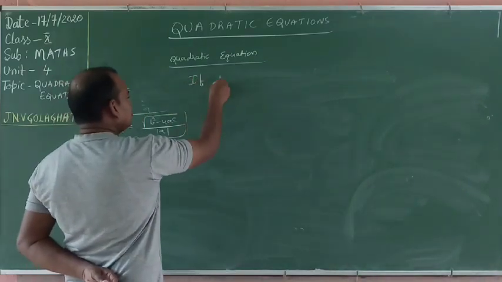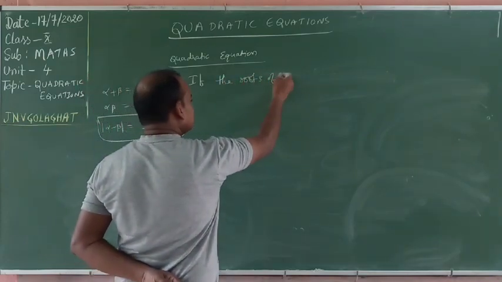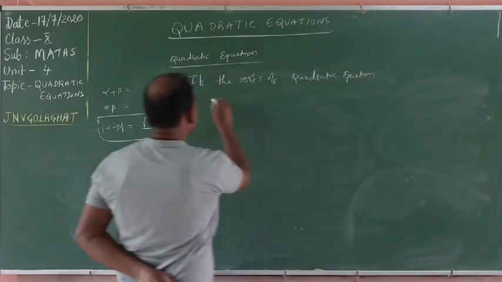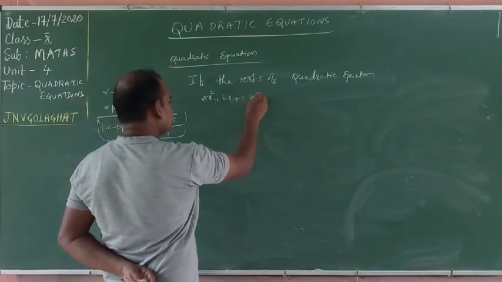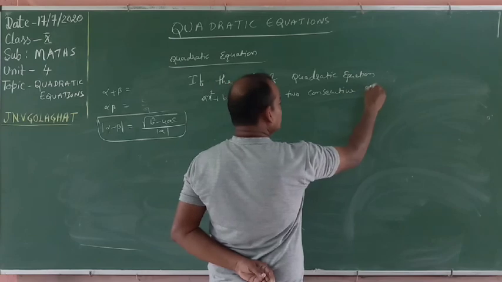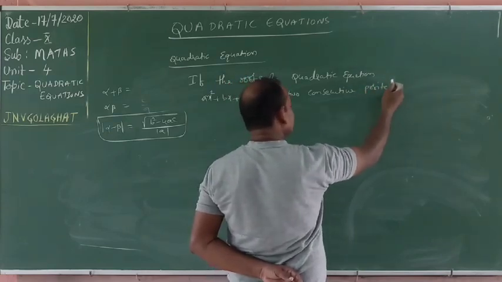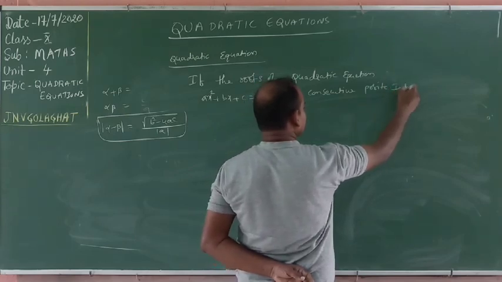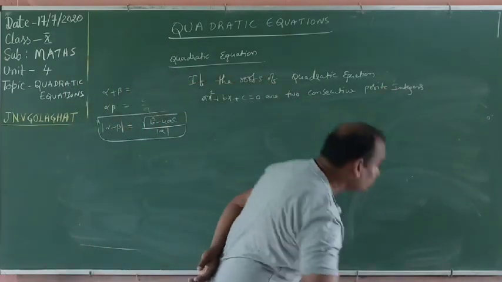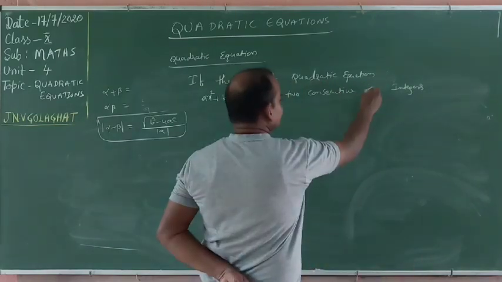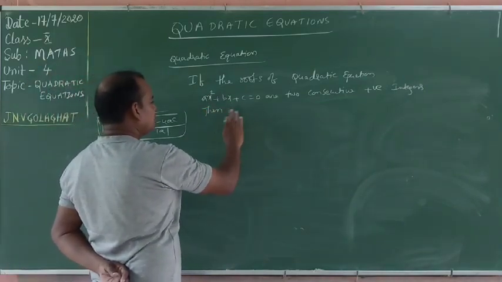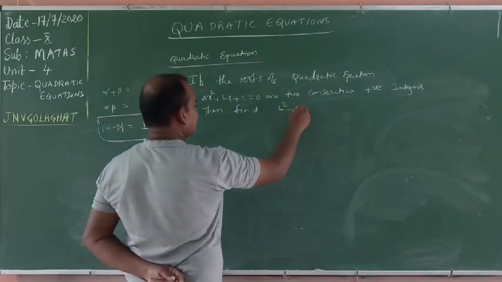If the roots of the quadratic equation ax square plus bx plus c is equal to 0 are two consecutive positive integers, then find b square minus 4ac is equal to dash.